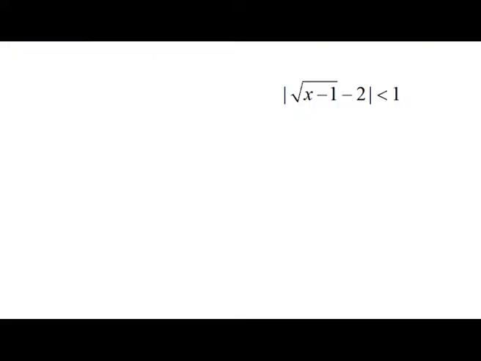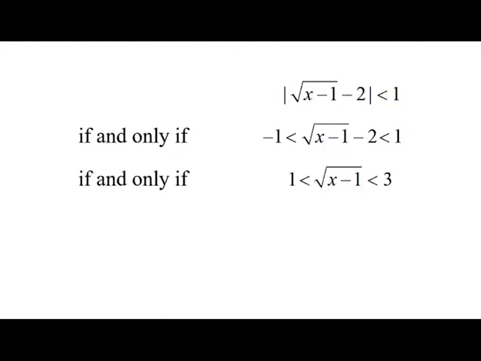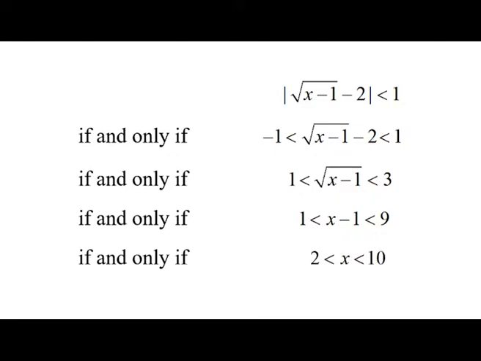to find an interval about c equal to 5 on which the inequality holds for all x not equal to x naught. Now, absolute value of square root of x minus 1 minus 2 less than 1 if and only if negative 1 less than square root of x minus 1 minus 2 less than 1, if and only if 1 less than square root of x minus 1 less than 3, if and only if 1 less than x minus 1 less than 9, if and only if 2 less than x less than 10.